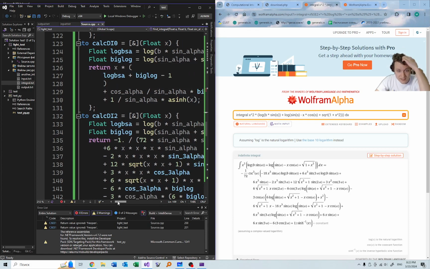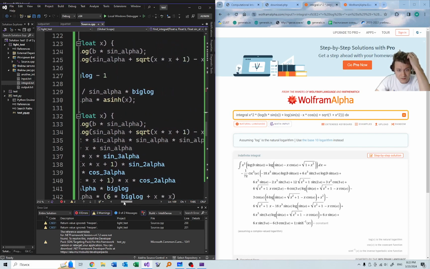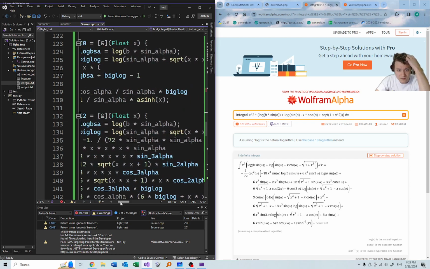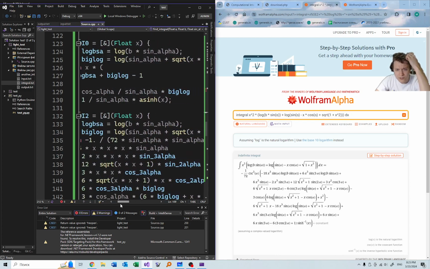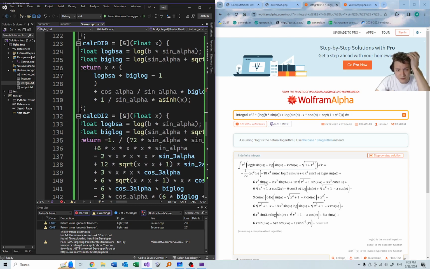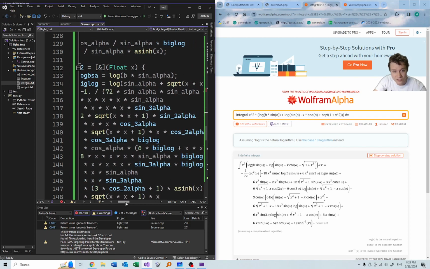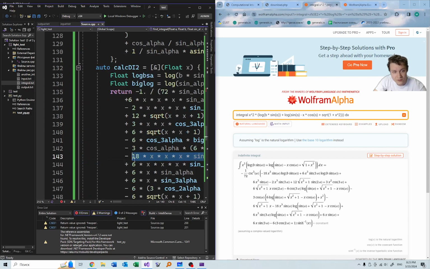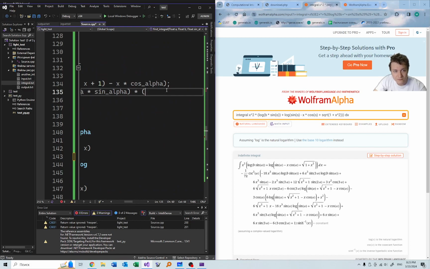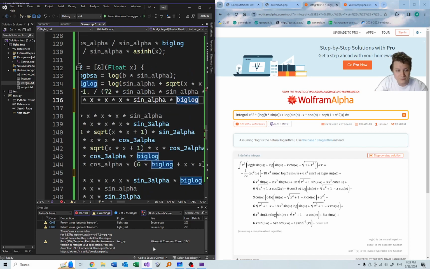Minus 1/72 of cosecant function times minus... Okay, what do we see here? Why does it start with minus 18x cubed? So for some reason, sometimes it just changes its form. Okay, let's try write the correct form, like in the Wolfram.